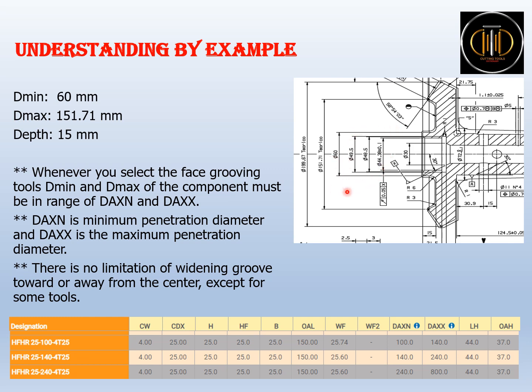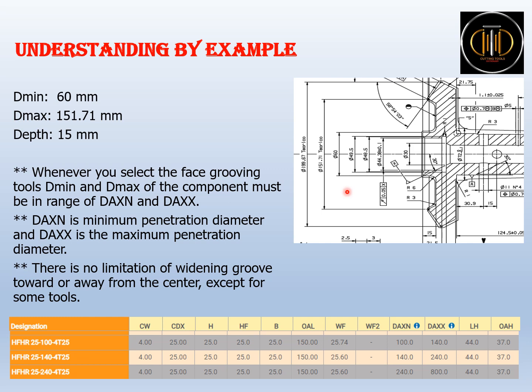So we have two diameters, 60 and 151.7, and the depth is 15 mm. Whenever you select a face grooving tool, you have to look at this diameter range. This is the penetration diameter. The minimum penetration diameter means the diameter at which the tool will penetrate into the component, and likewise the maximum penetration diameter.